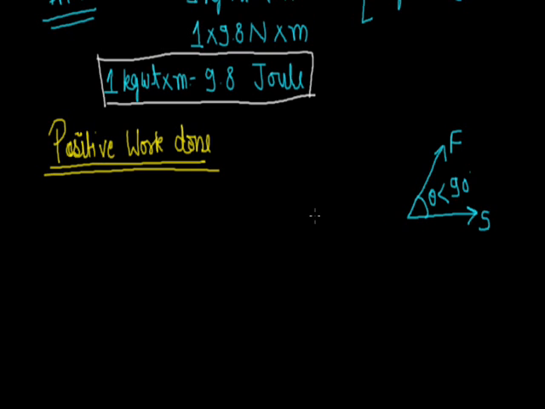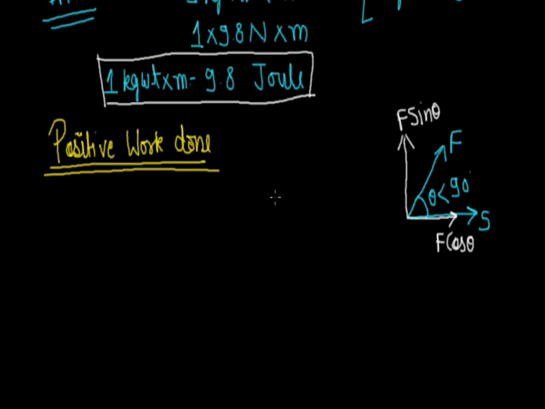How? In this case, when we find the horizontal and vertical components of this force, we get the horizontal component of force in the direction of displacement, which is F cos theta, and the vertical component of this force is F sin theta. Since the horizontal component of force is in the direction of displacement, the work done by this component will be positive.